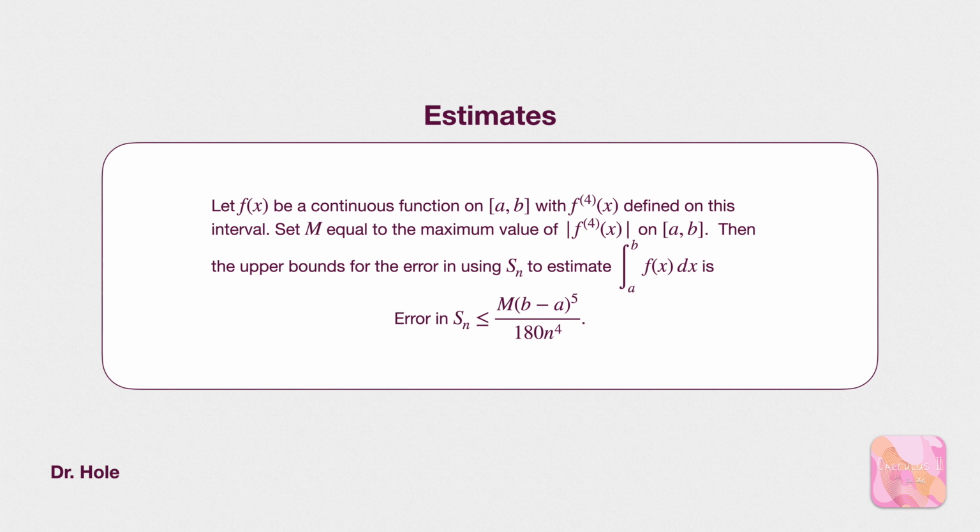All right, so that was for m sub n and t sub n. On the other hand, for s sub n, we now use not the second derivative, but the fourth derivative in computing capital M, and the power on the length of the interval is 1 bigger than that. So 1 bigger than 4 is 5. And then the power on n in the denominator matches the derivative count on f.